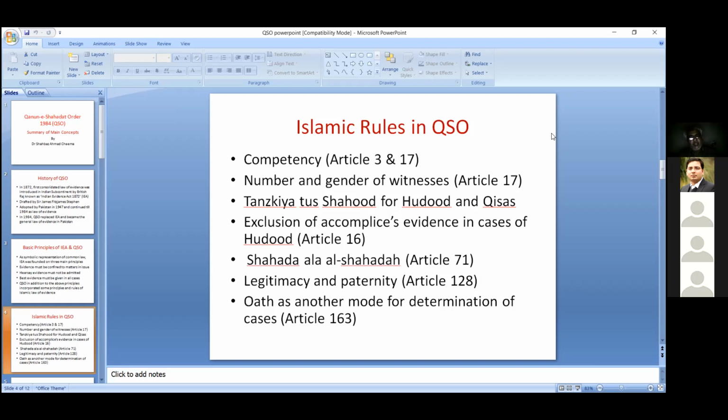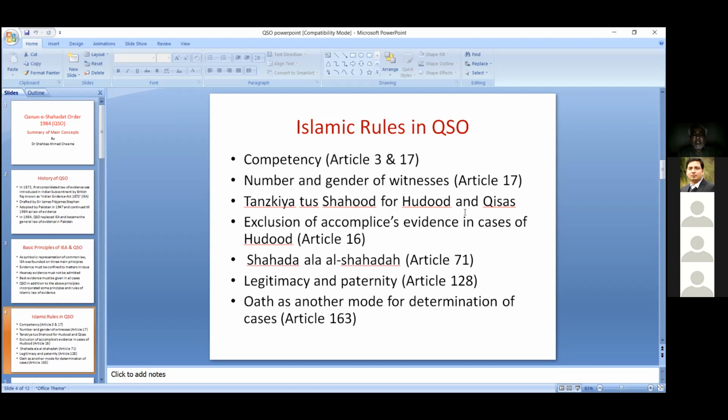But as far as punishment in tazir cases and normal civil litigation is concerned, there is no requirement of tazkiyat shahood, and whosoever appears before the court is considered to be a competent witness, and his evidence is treated fairly on merit, whether it is true or not.